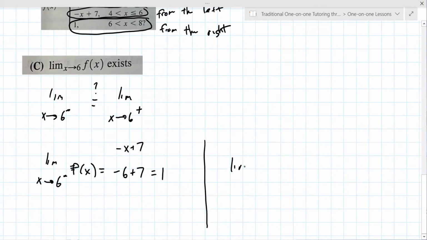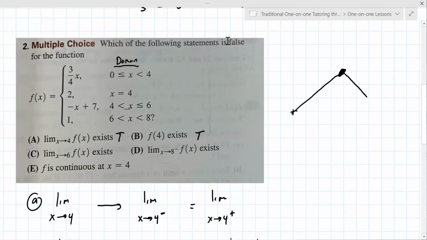And then the limit as x approaches 6 from the right of f of x, we're using the 1. So this equals 1. These are the same, so that is also true. If they're the same value, they're true.